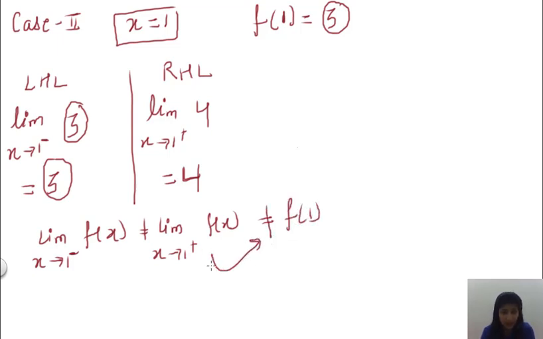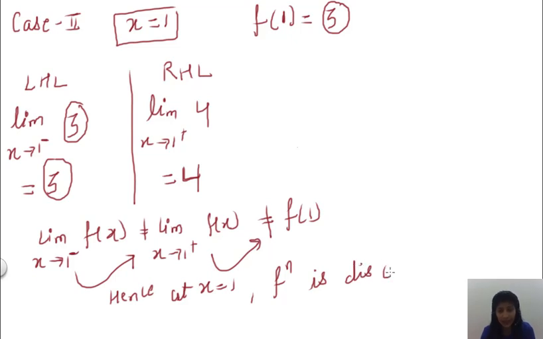Correct? This is not equal to this, and both are not equal to the RHL. Hence, it is discontinuous at x equals 1. Hence, at x equal to 1, the function is discontinuous. I hope this is quite clear to everyone.